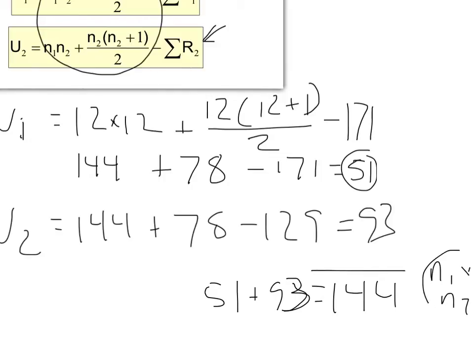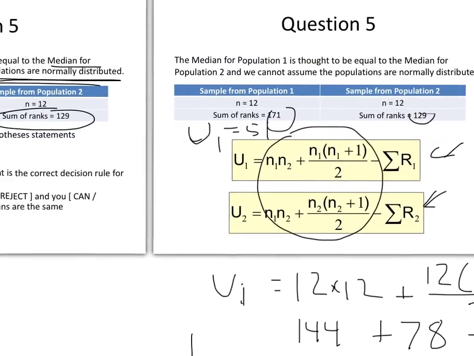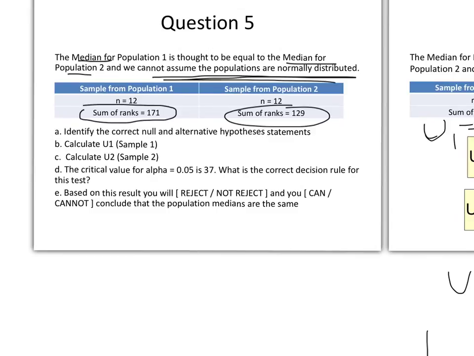And that will always be the case, so it's a way that you can check your work. And so we're okay there, we've got the right values. So we've got 51 and 93, so let me come back over here, and we'll put this on this page so we can see it. We have 51, we said, and 93.